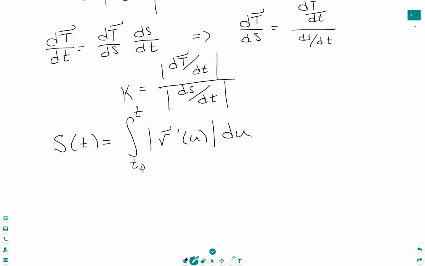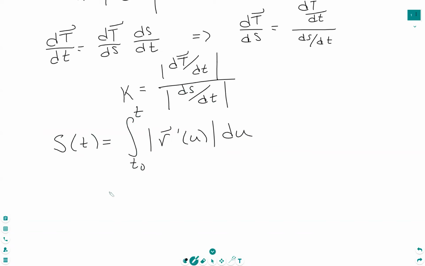So we're going from some fixed point in time out to some arbitrary point in time, and this is the function of arc length. It takes time in, and it gives us how far we've traveled since time t naught. So if I have this as my arc length function, and I'm taking this time derivative of it, you can think of the fundamental theorem of calculus. We're going to cancel out this integral, and our t will go inside of our integrand.